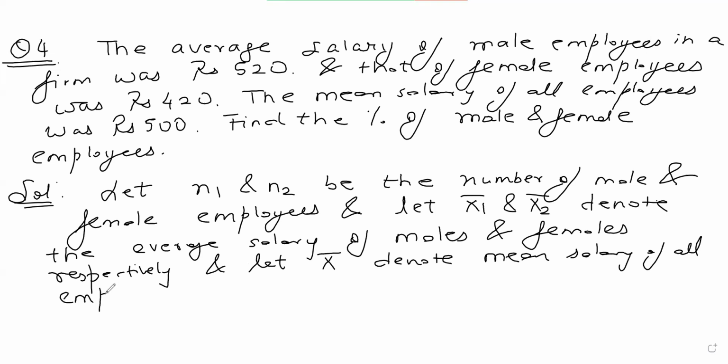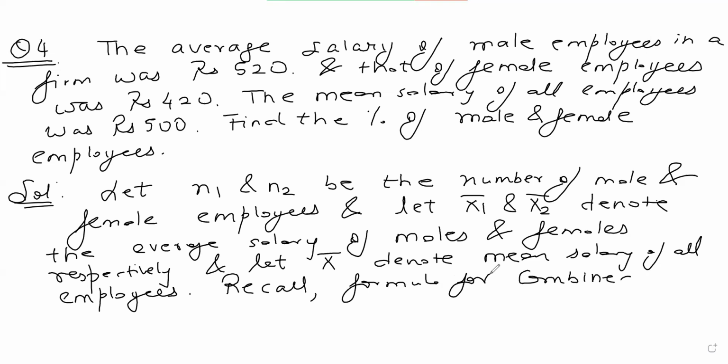Now remember the concept of combined mean. We have done this at high school level, in stats and economics. How do we find the combined mean? X bar is my combined mean. Recall the formula: suppose we have two groups, 1 and 2.